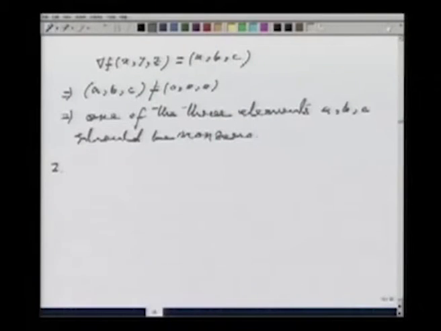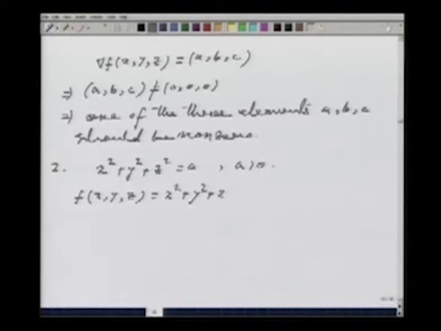So let us look at another example. Let us look at a sphere of radius, let us say some a, where a is bigger than 0. For this, I look at the function f(x, y, z) equal to x square plus y square plus z square.